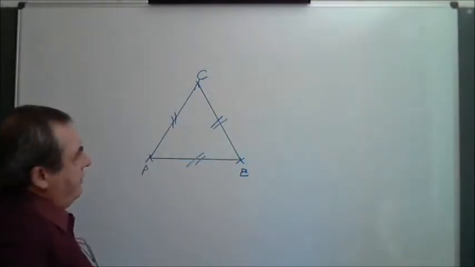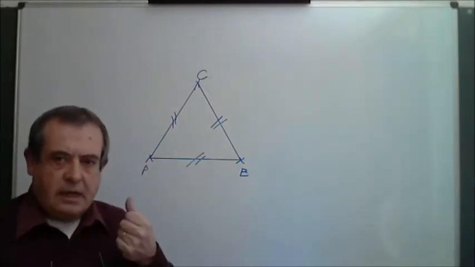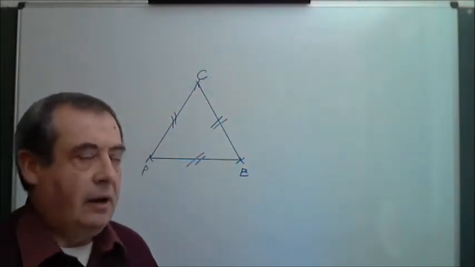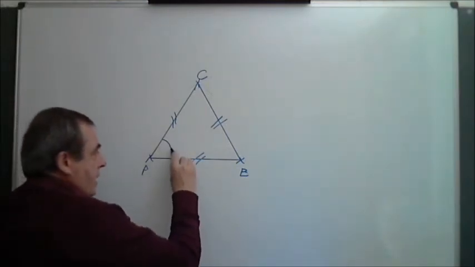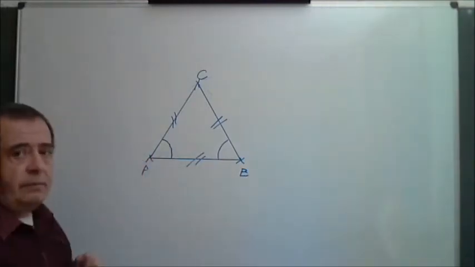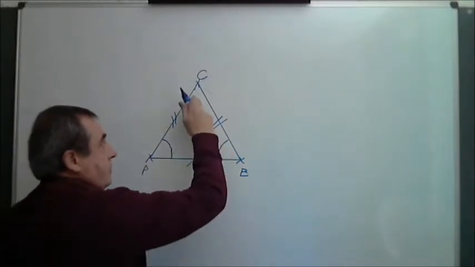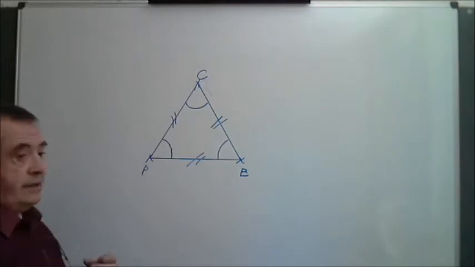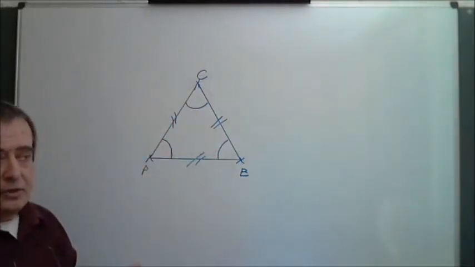We can observe that this triangle is 3 times an isosceles triangle. Consequently, this angle and this angle have the same measure. This angle and this angle have the same measure. And so, the 3 angles have the same measure.